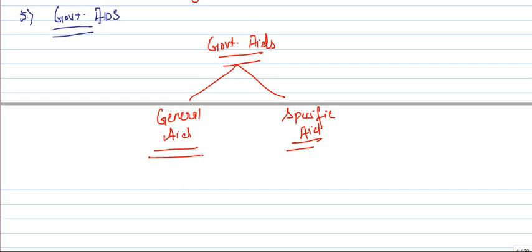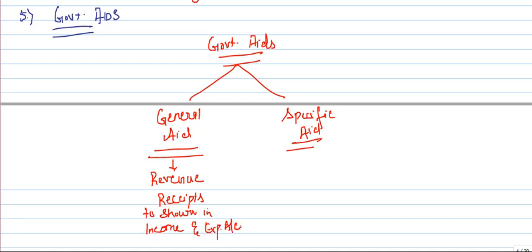If it is general aid, then you have to treat it as a revenue receipt. And where do you show this revenue receipt? A revenue receipt is to be shown in the income and expenditure account. Clear? If there is no specific purpose defined for the government aid, then you consider it a revenue receipt and show it in the income and expenditure account.